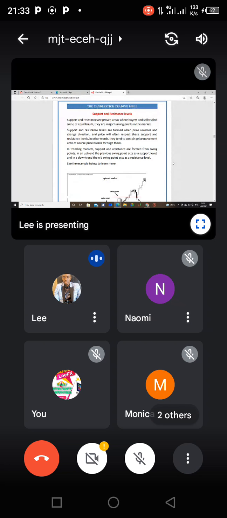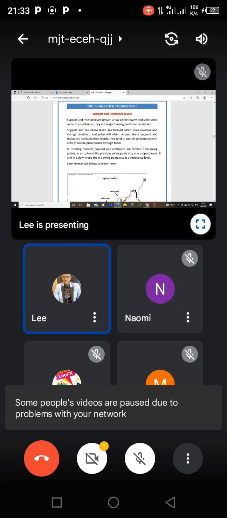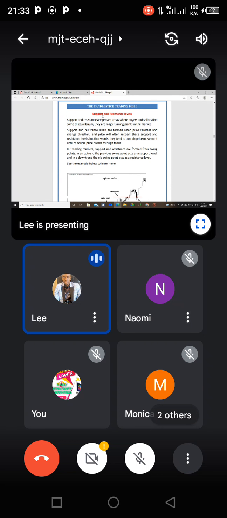Are we able to see the screen? Yes. Okay, so we are looking at support and resistance levels.